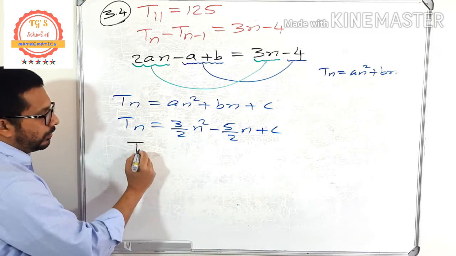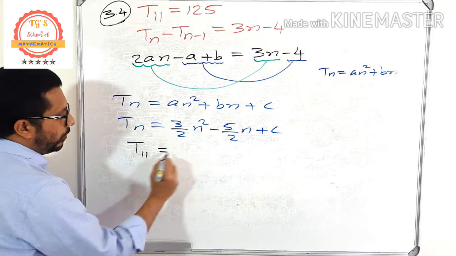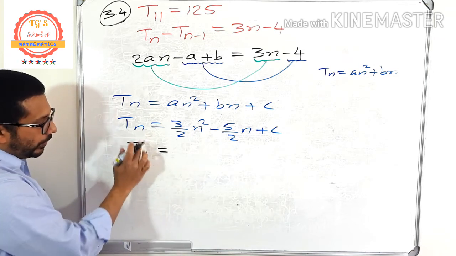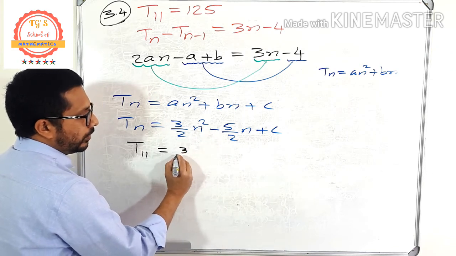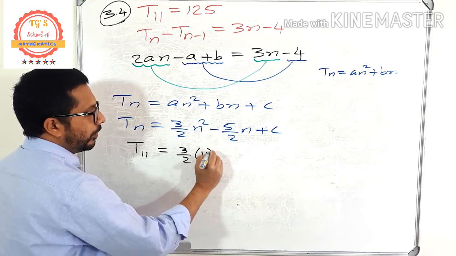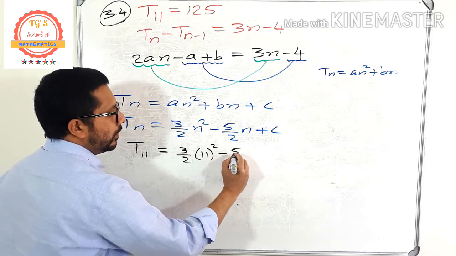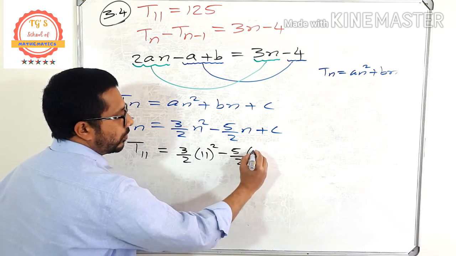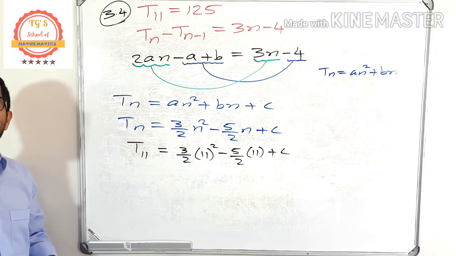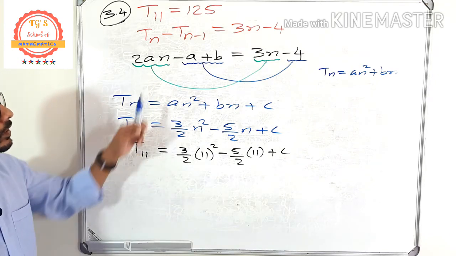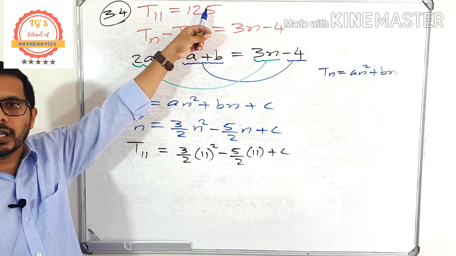T11 is equal to, when I substitute the value of n as 11, I must substitute here also. That means 3 over 2 into 11 square minus 5 over 2 into n, that is also 11, plus c. And what is given in the question, the 11th term, is 125.